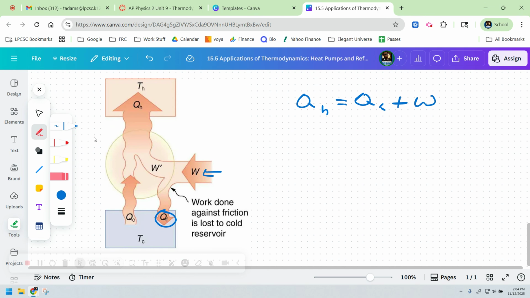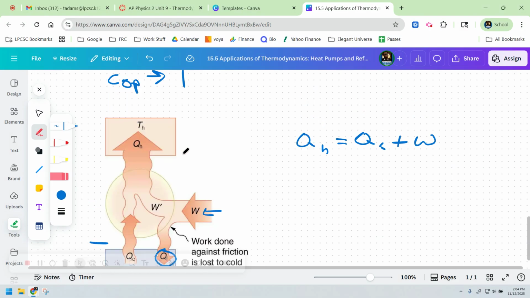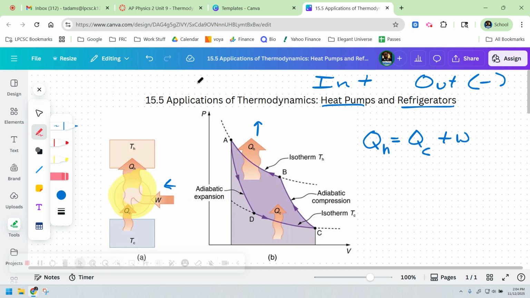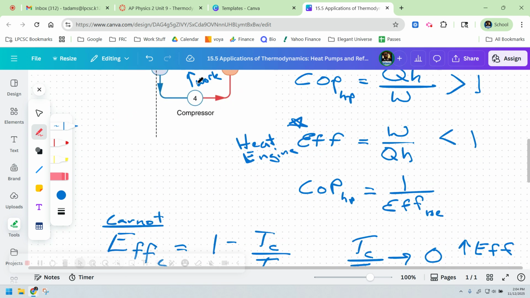But eventually, once the part that's used up for friction is gone, it goes back to the outside, right? Remember in this model, let me go back and remind you guys of how that works. We have outside and we have inside, and that's what we're trying to figure out: what is outside, what is inside.